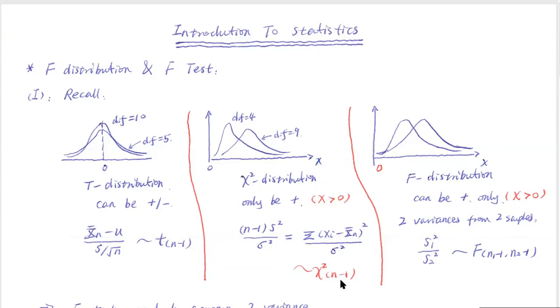Now what's happening for the F distribution? It's very similar, in that you only get positive values.